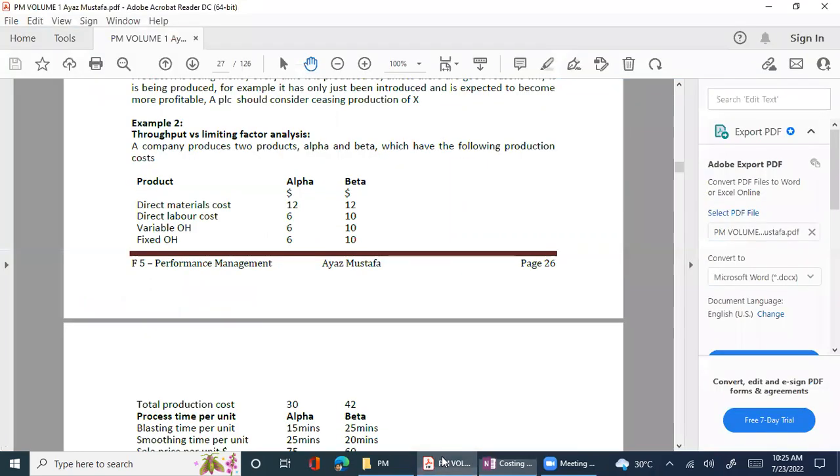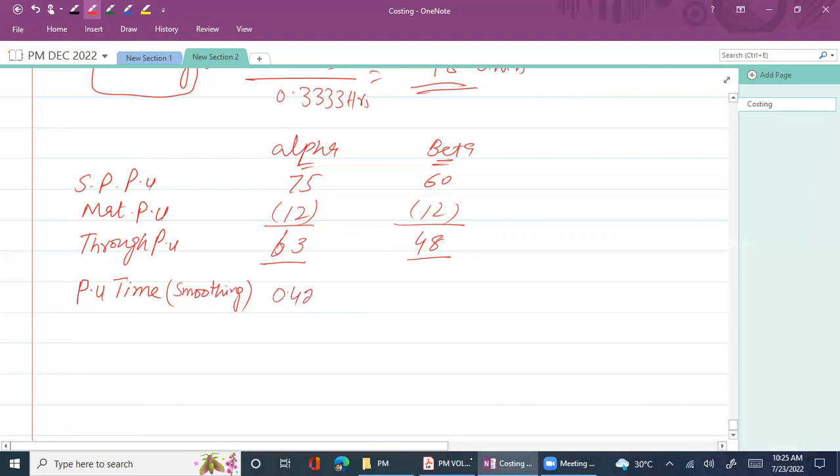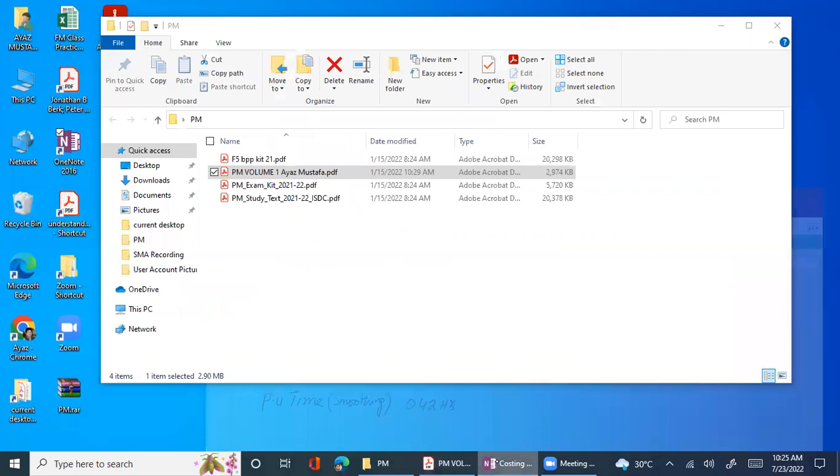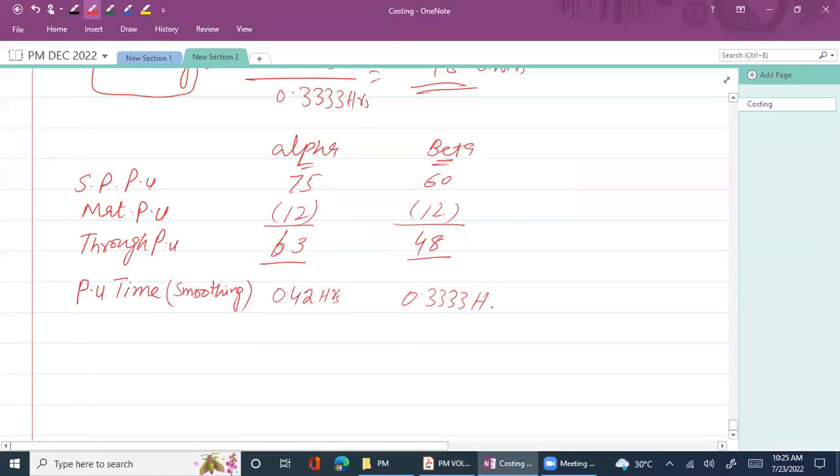Now the per unit time of smoothing for alpha is 25 minutes, which means 0.42 hours. And for beta it is 20 minutes, which means 0.3333 hours. So we will get the throughput per hour.